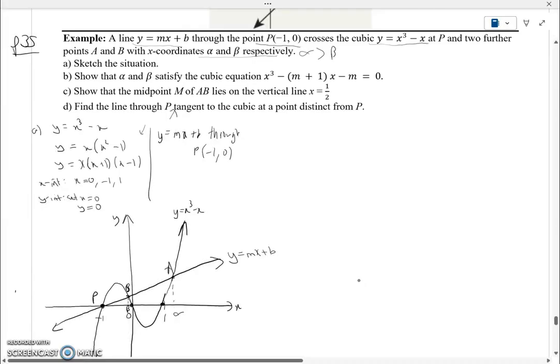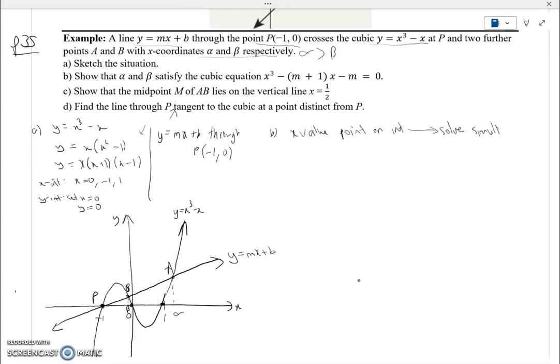B, show that alpha and beta satisfy that cubic equation. Remembering that alpha and beta are x coordinates of the points of intersection. We're looking for x values of points of intersection, that means solve simultaneously.